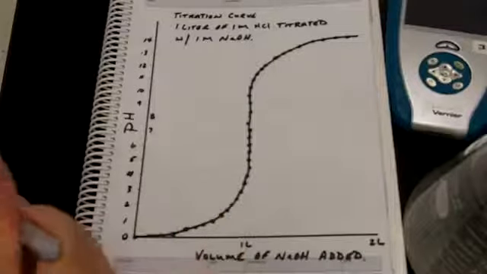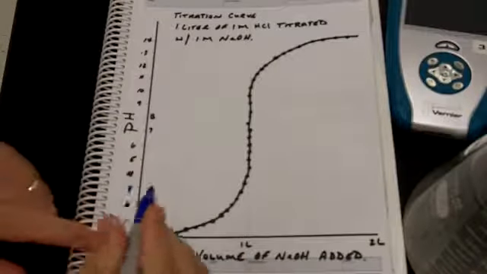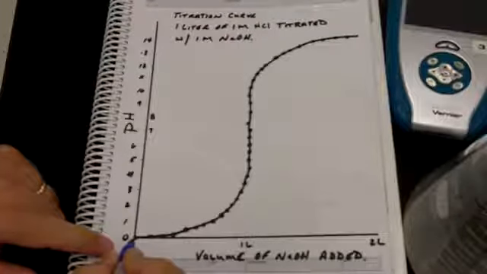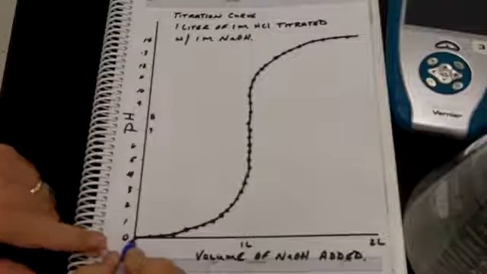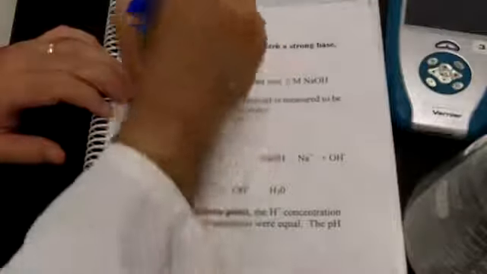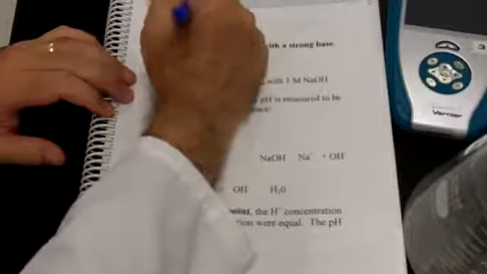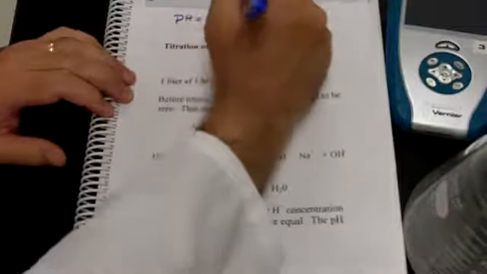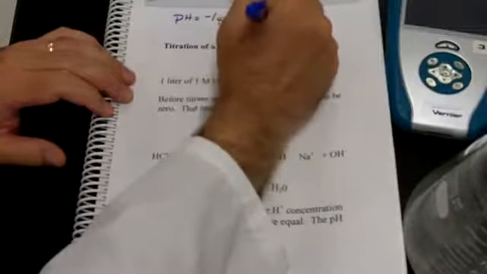Now, at the very beginning, I took the pH, as I've told you, and I determined that the pH was 0. Now that makes sense because, remember, I started out with a 1 molar solution, and we now know that pH is equal to minus the logarithm to the base 10 of the hydrogen ion concentration.